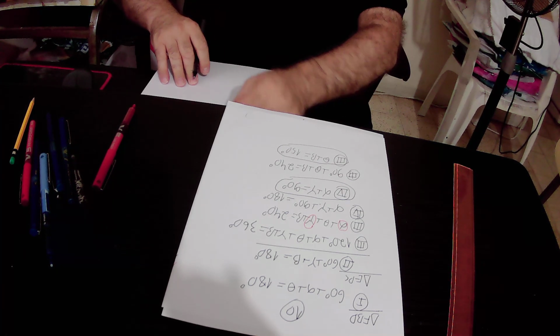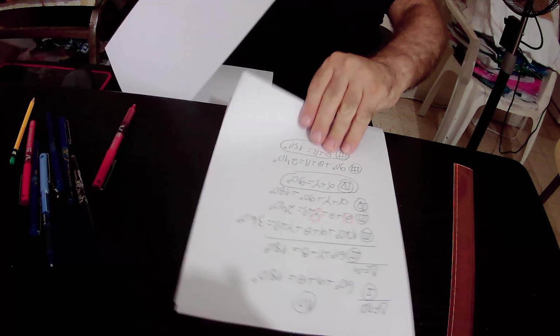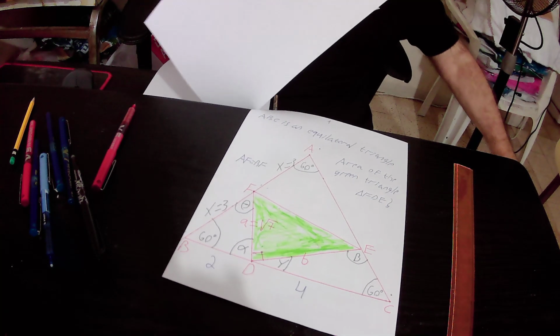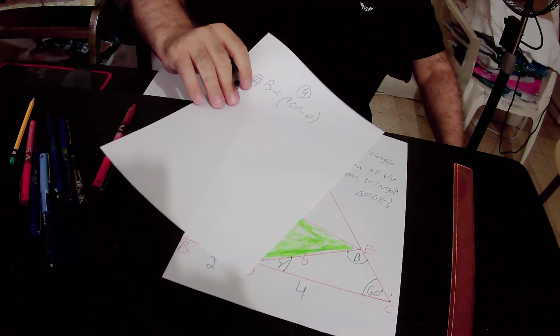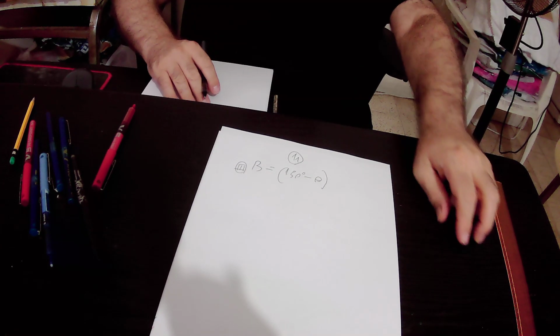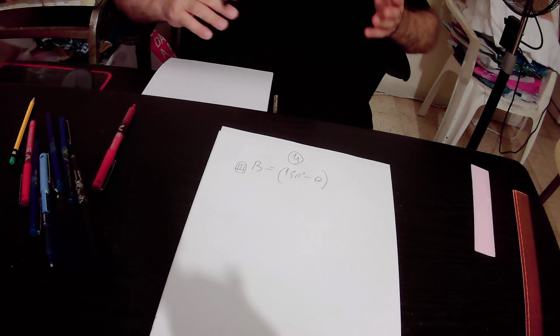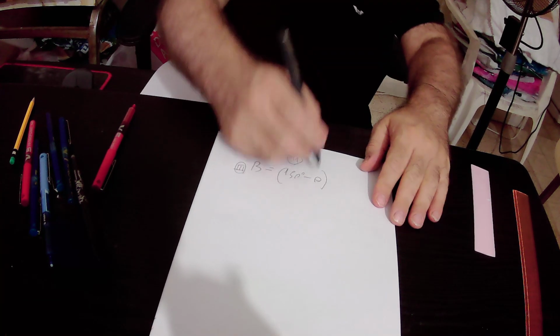According to equation number 3, beta equals 150 degrees minus theta.